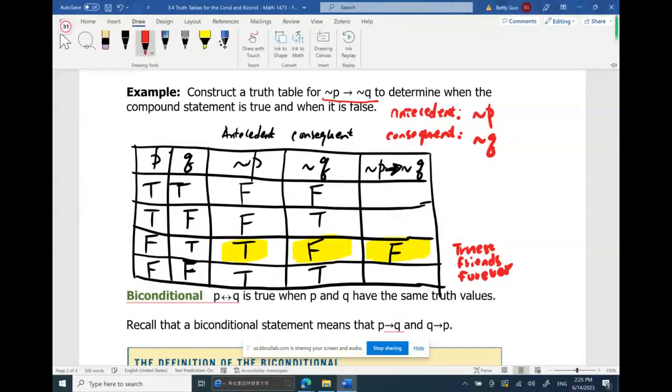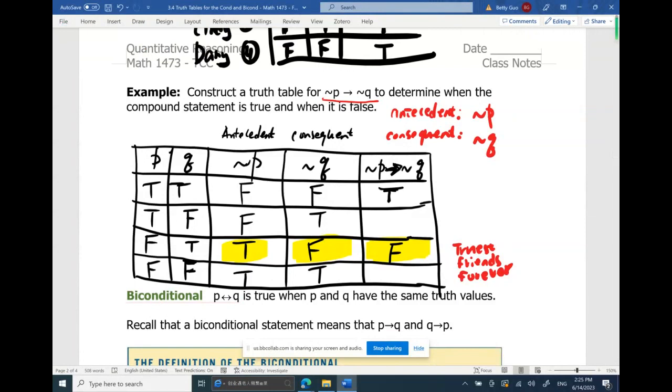All other cases are temporary. That means this is temporary, this is temporary, this is temporary. Only trusted friends forever. So now we have the truth table for this conditional completed. Very, very important: the truth value of a conditional depends on the truth values of the antecedent and the consequent.